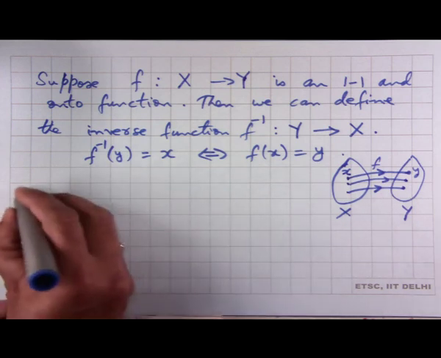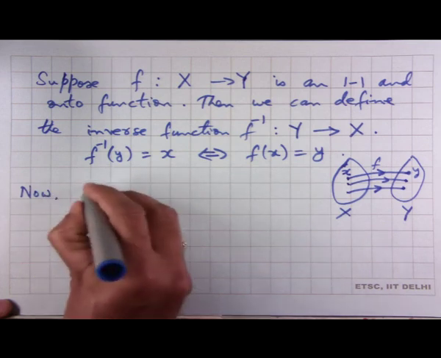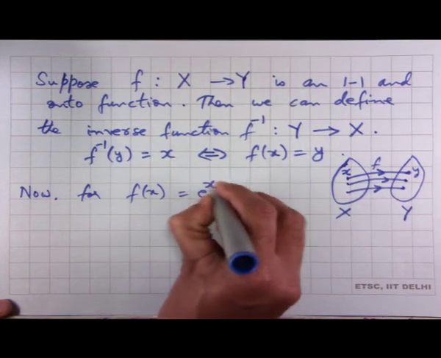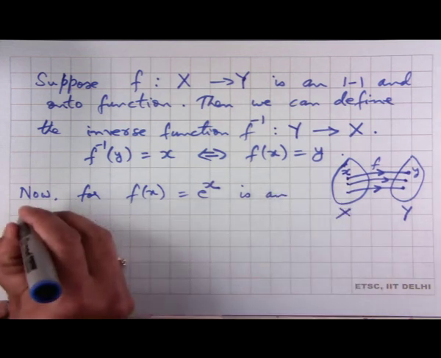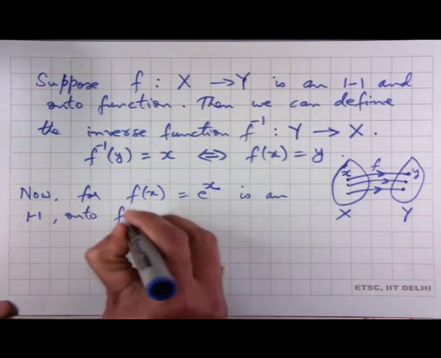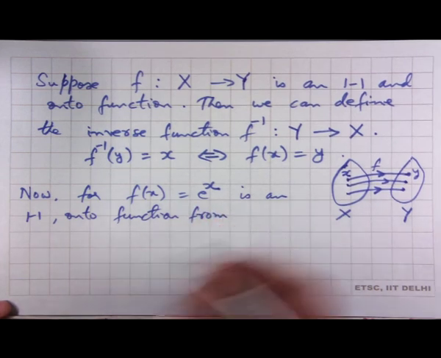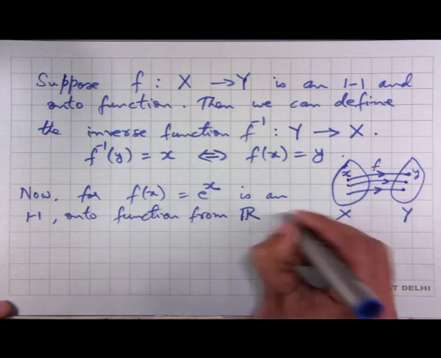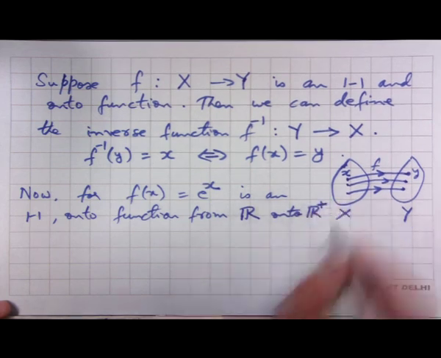Now, for f of x equal to e to the x, we know that this is a one to one and onto function from the set of real numbers onto the set of positive real numbers.